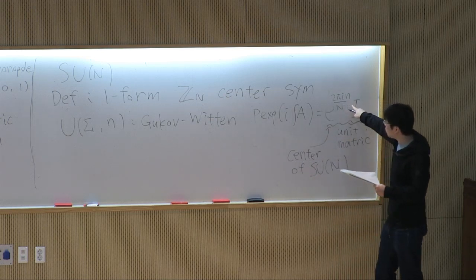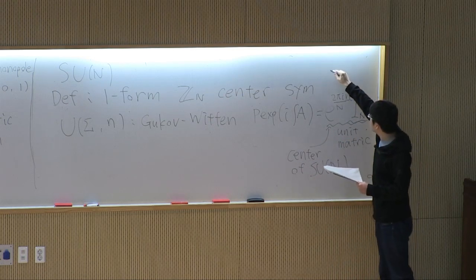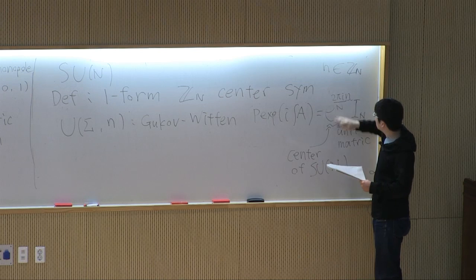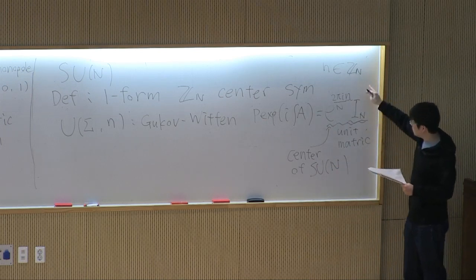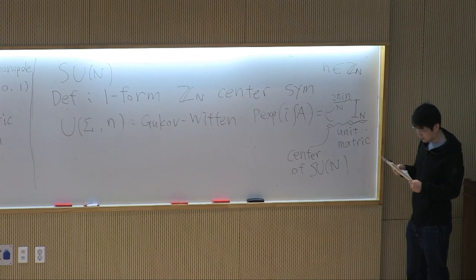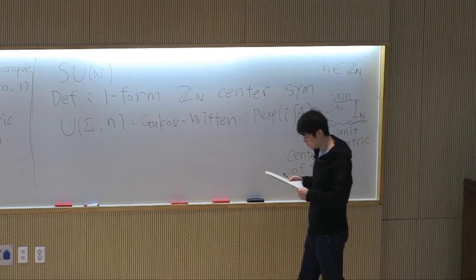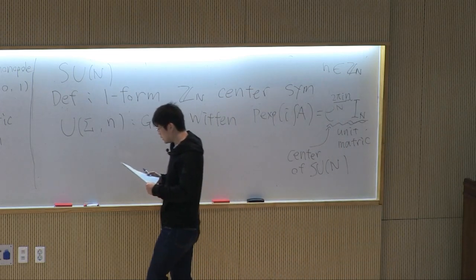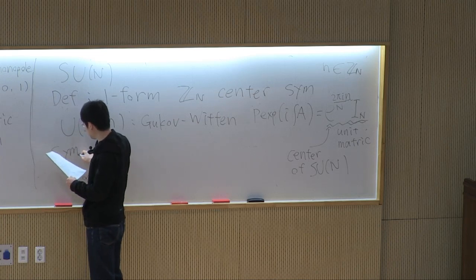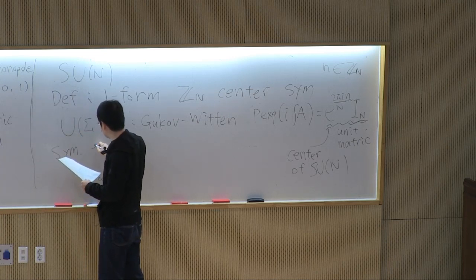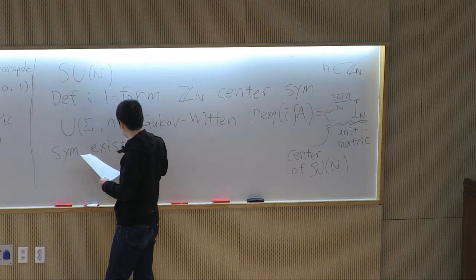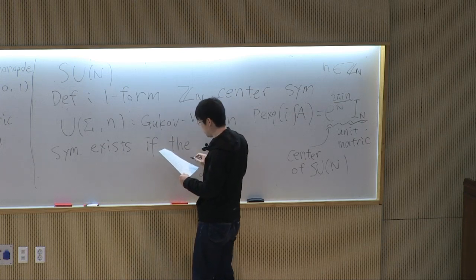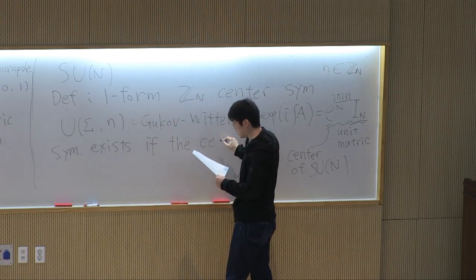And here this small n takes values in this Z_N. So this is Z_N symmetry. And this symmetry exists if the center acts trivially on all the dynamical fields.